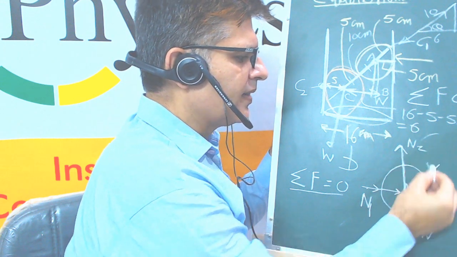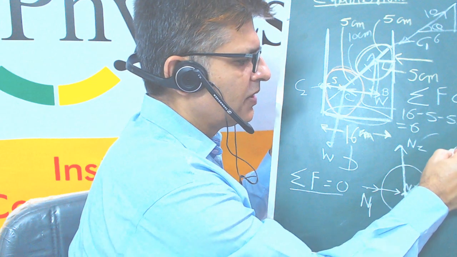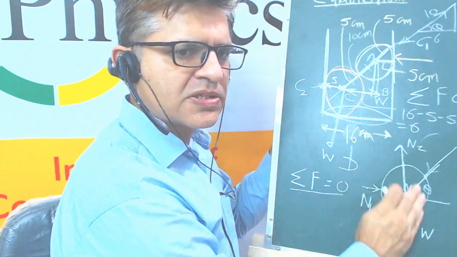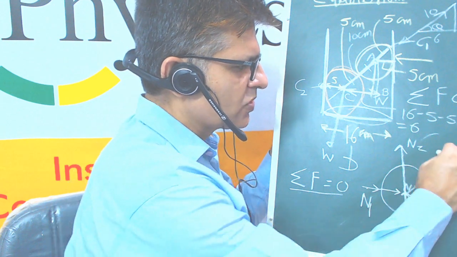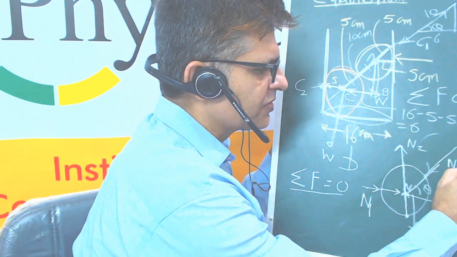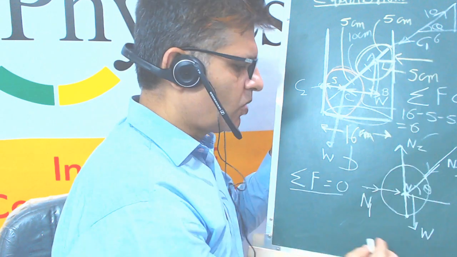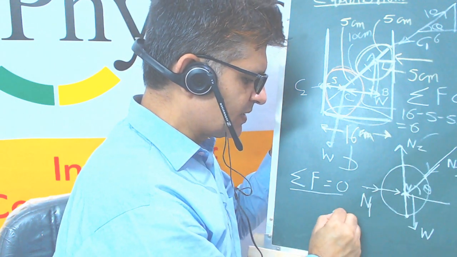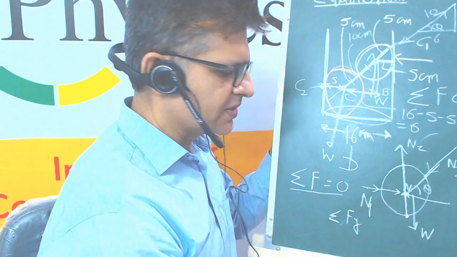And then you have a contact force here also, which is coming from the sphere above, which is pushing it down. But the sphere is at rest, which means all the vertical forces. So if this is your normal reaction N3, and you know the angle theta from this trigonometry, what you can do is you can write the sigma of y, all the vertical forces is equal to 0.